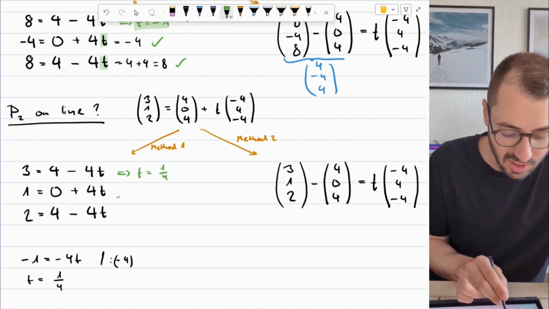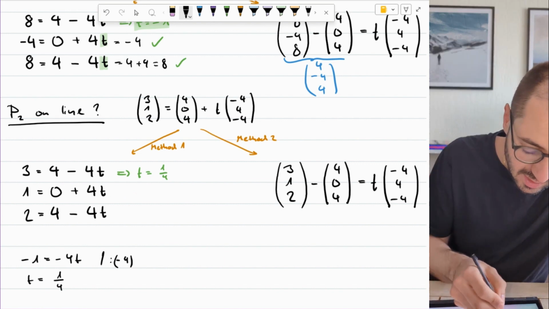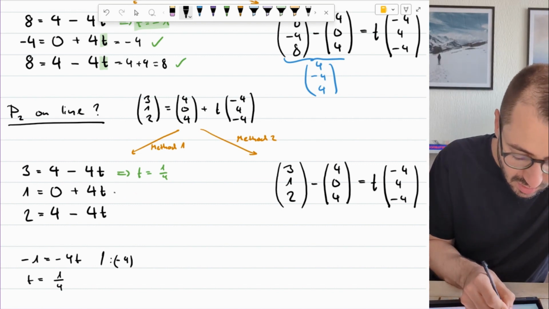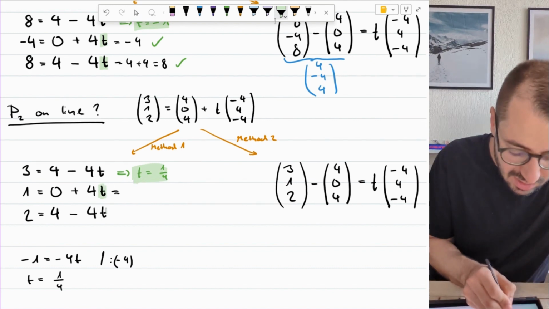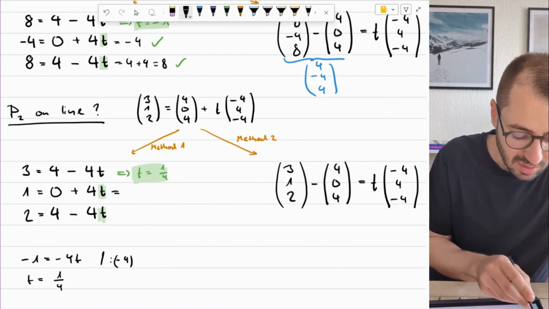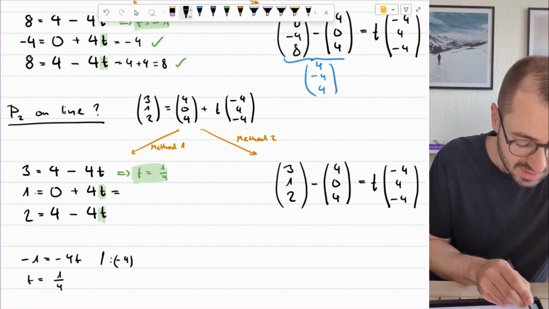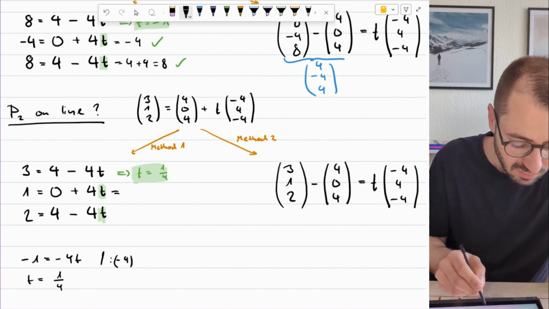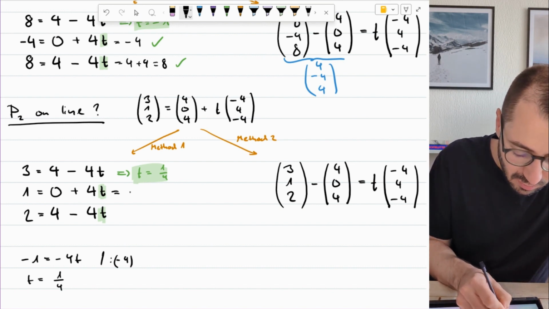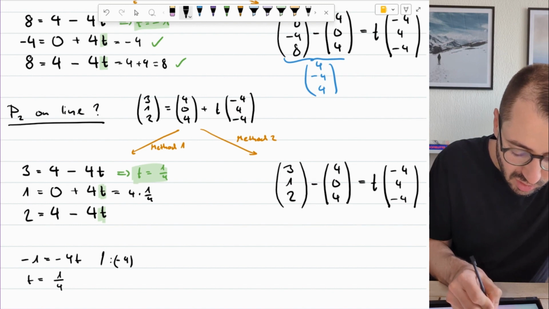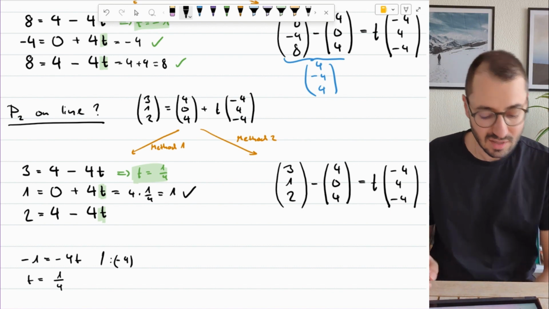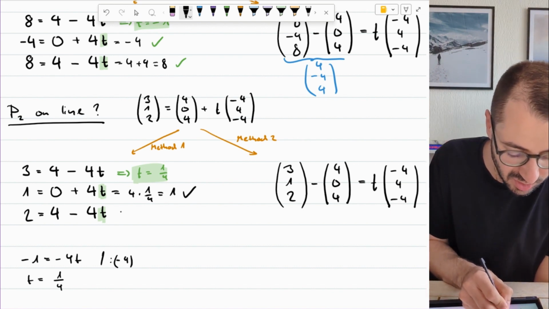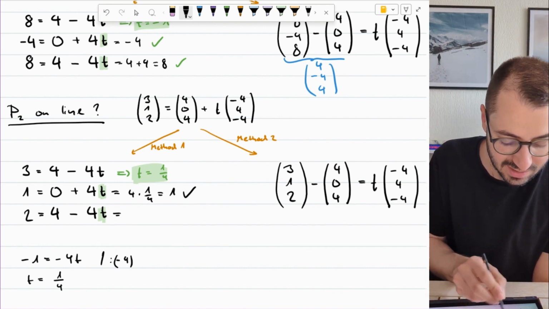But we can also plug this in. Again, we plug this value in here, and we check if the first equation should give 1, the second one should give 2. Here we have 4 times 1/4. That's indeed 1, so this one is correct. We are still confident that it could be on the line. Now let's check the second one.